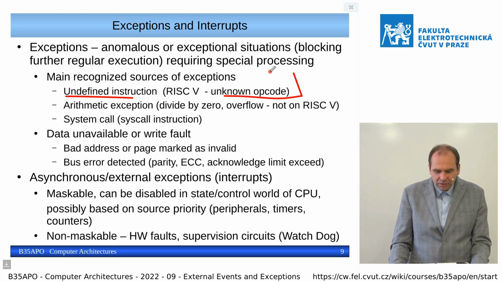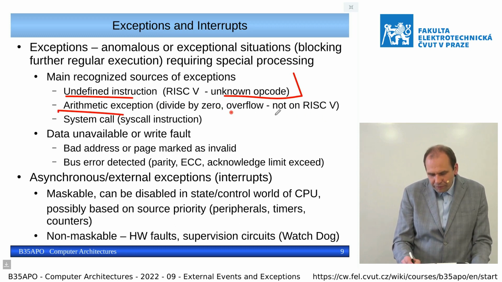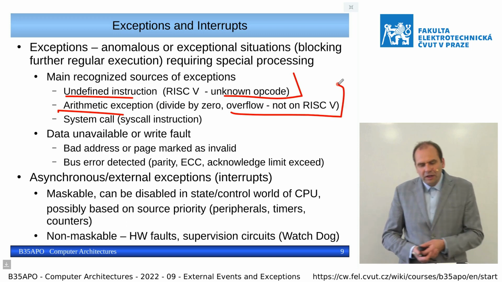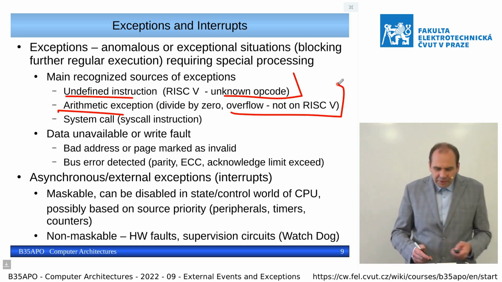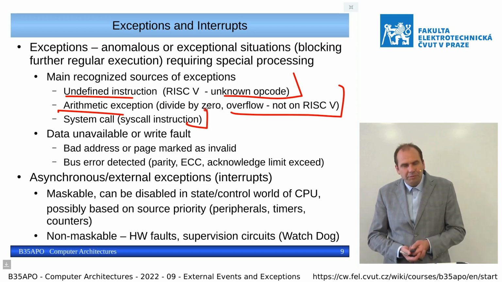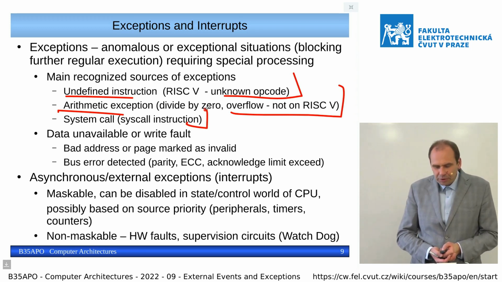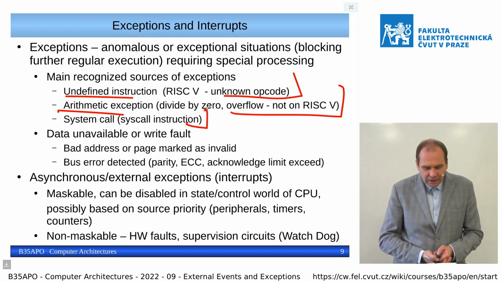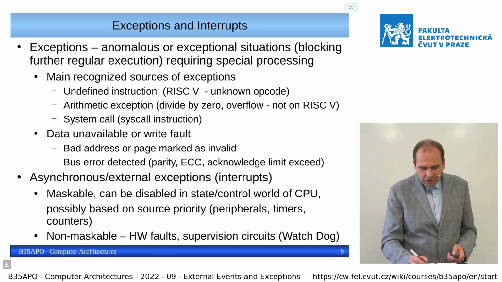You want the processor to execute something which it is not able to do. Arithmetic exception, divide by zero, but overflow is not used on RISC-V, but it can be a system call, which is the mechanism by which the user application can ask the operating system core, for example, to read or write data from the file system and so on. It is our topic for the next lecture.